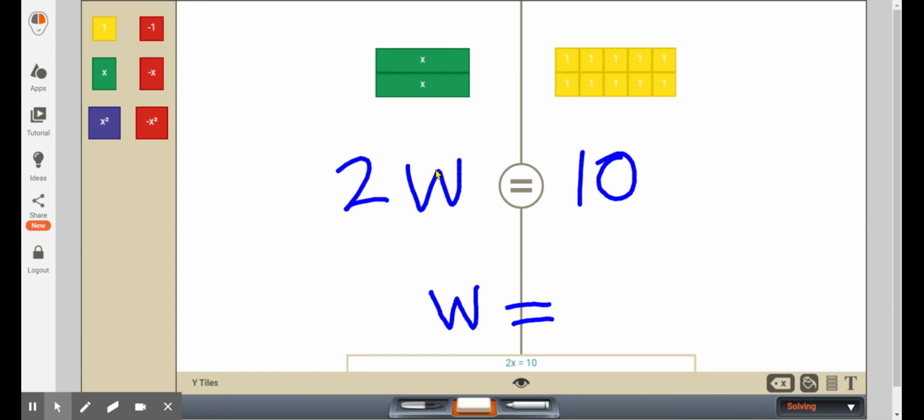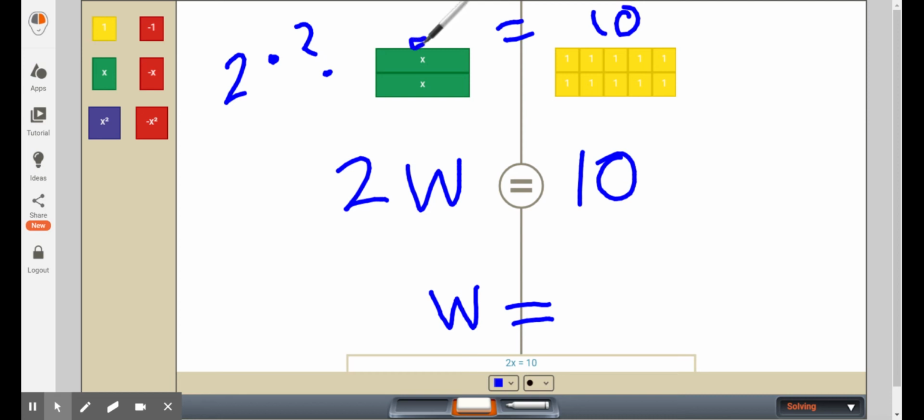And so we need to figure out how much is just 1w here. We could do some mental math here and ask ourselves 2 times what equals 10. And so we could tell ourselves that 5 and 5 together would equal 10.